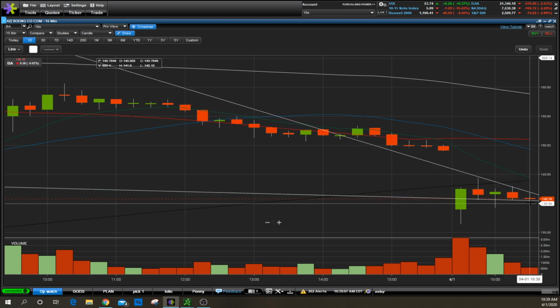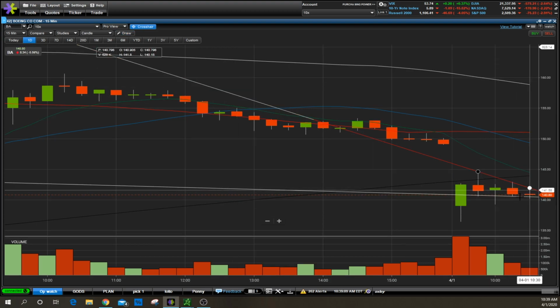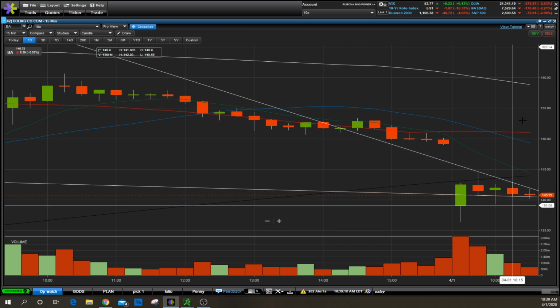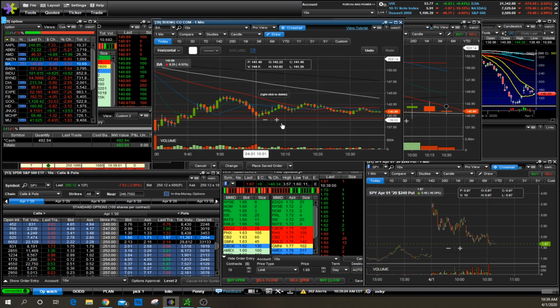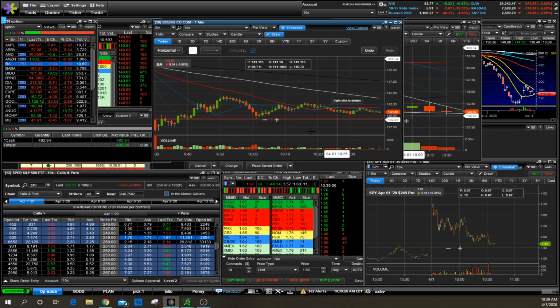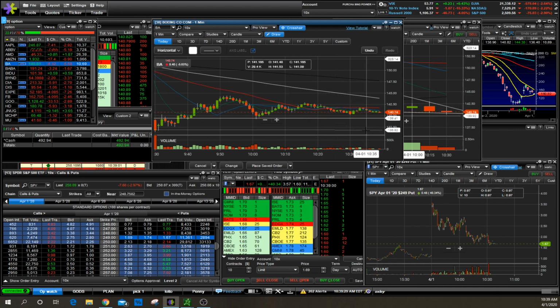Depending on what this next candle does, if it wants to break out above this, it could continue higher, but needs to hold this 140.50 level. Let's see what it's doing on the daily. Yeah, so obviously my support's already there. Let's see if it wants to hold that throughout the day.